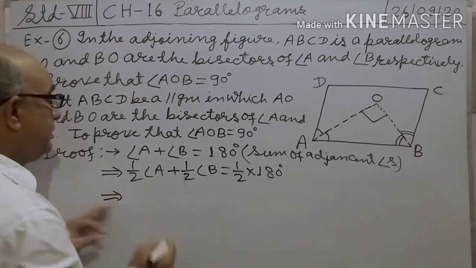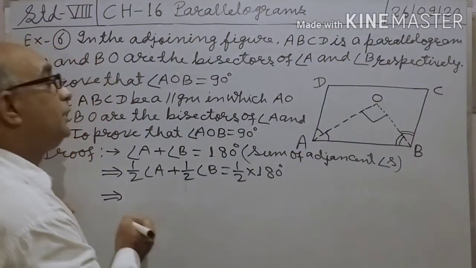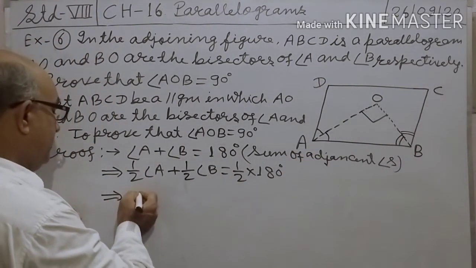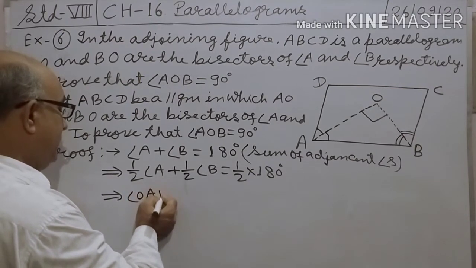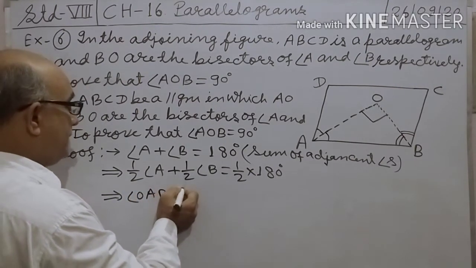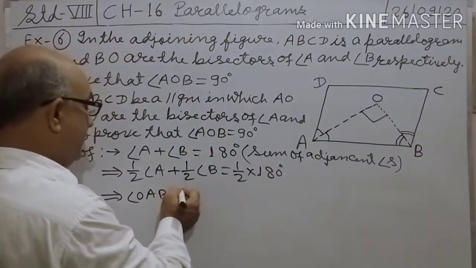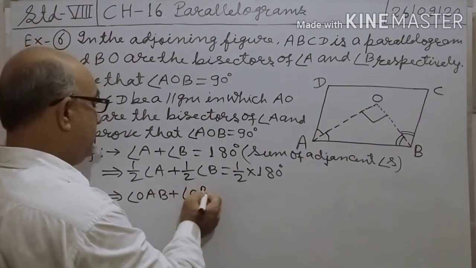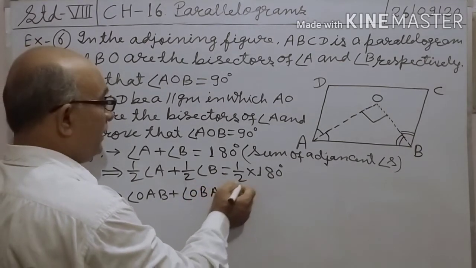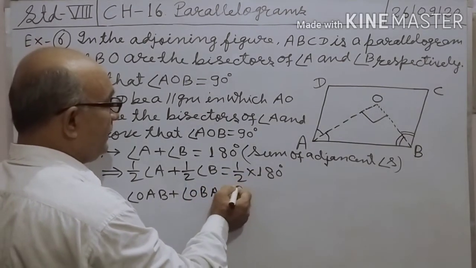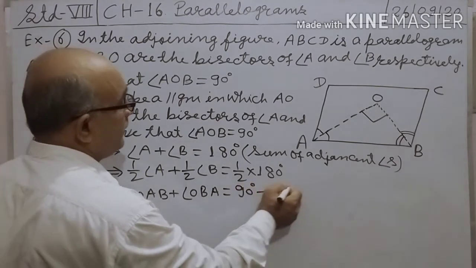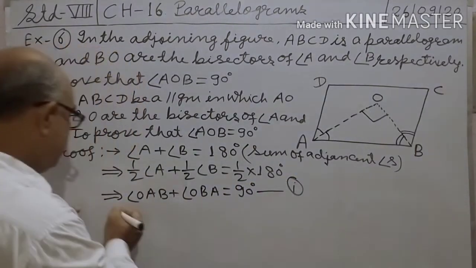That implies half angle A equal to angle OAB, and half angle B equal to angle OBA. So angle OAB plus angle OBA equal to half of 180 degree equal to 90 degree. Equation 1.